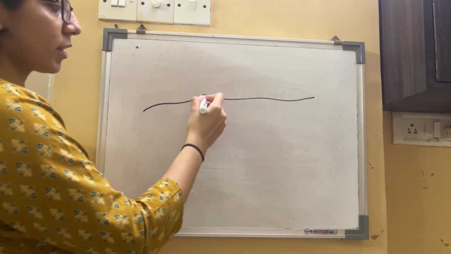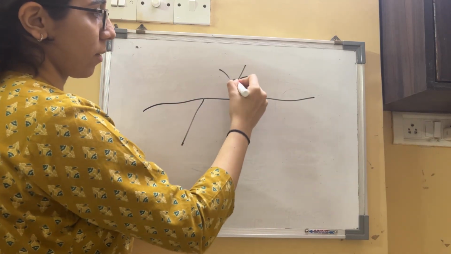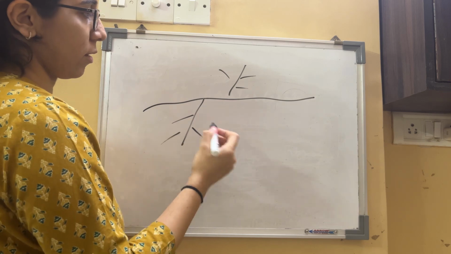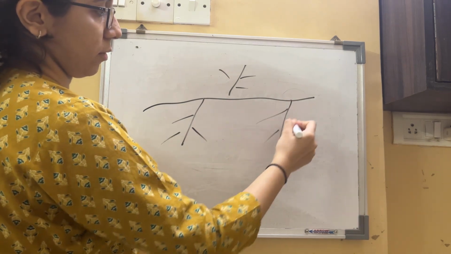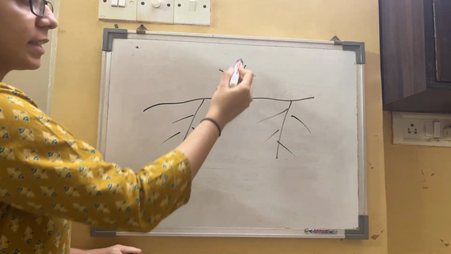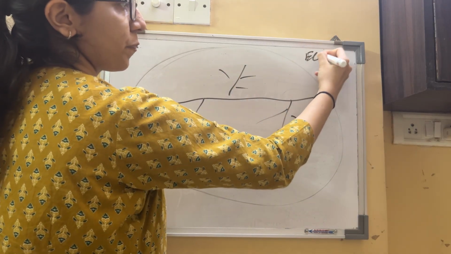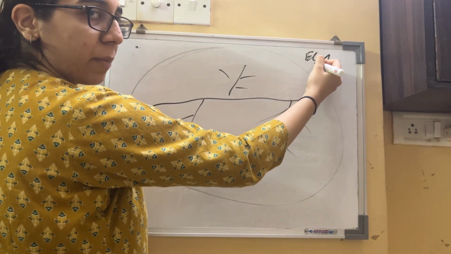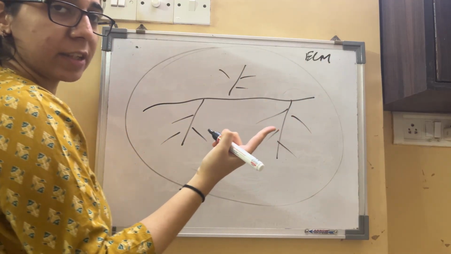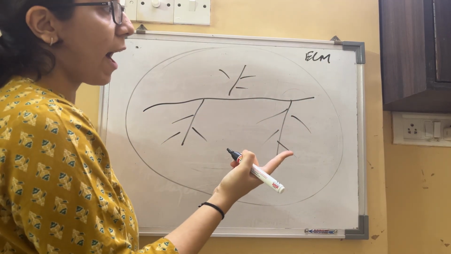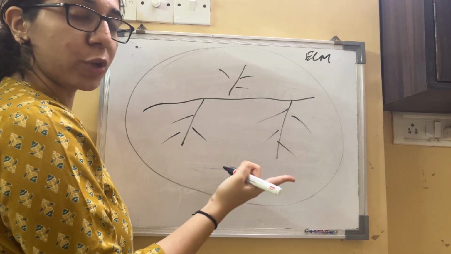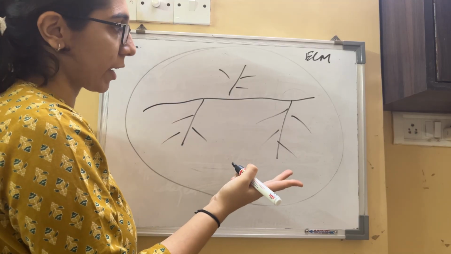So as discussed, this is the extracellular matrix of the cartilage, and the extracellular matrix is made up of proteins, that is the fibrillar component, and interfibrillar component, which is proteoglycan and glycosaminoglycan.